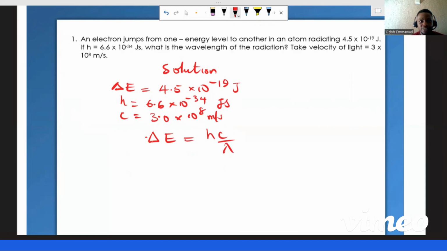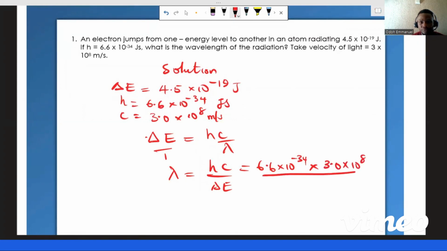So we have to calculate the wavelength of the radiation. Making wavelength the subject of the formula, we have that wavelength is given as hc over the energy difference. So our h is 6.6 times 10 to the power minus 34 times our c, 3.0 times 10 to the power of 8, and the energy difference is given as 4.5 times 10 to the power of minus 19 joules.